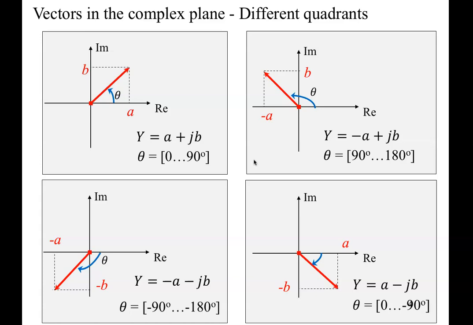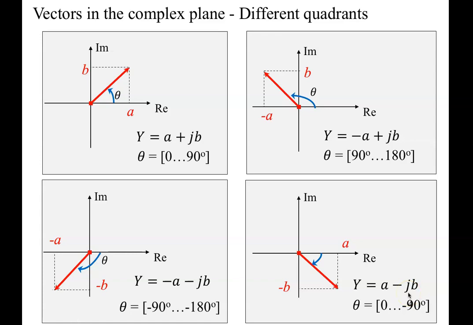For example, if you compare this case and that case, one is in the second quadrant, one is in the third. This is negative real, positive imaginary. This is the opposite, positive real, negative imaginary.